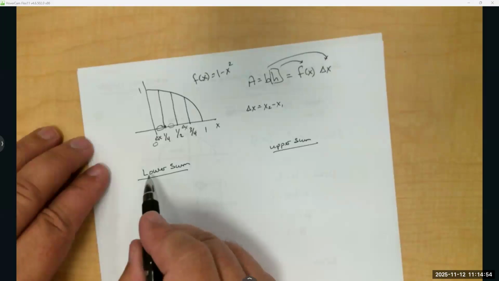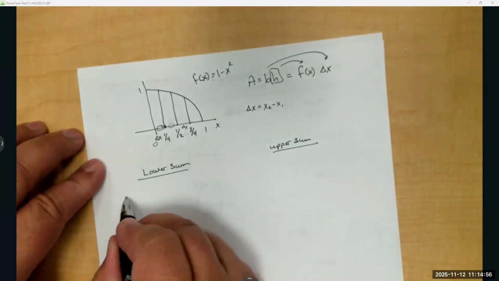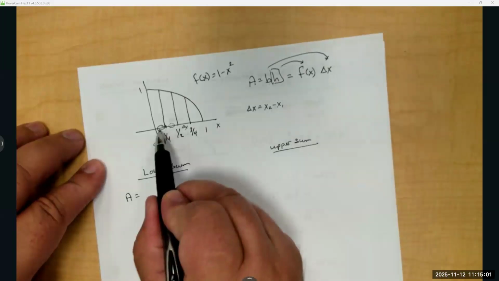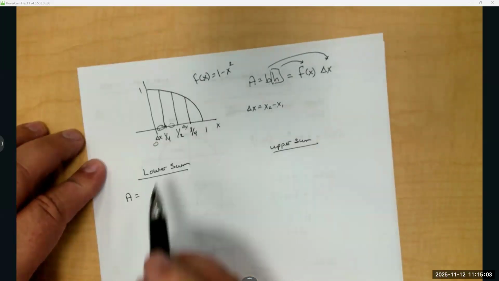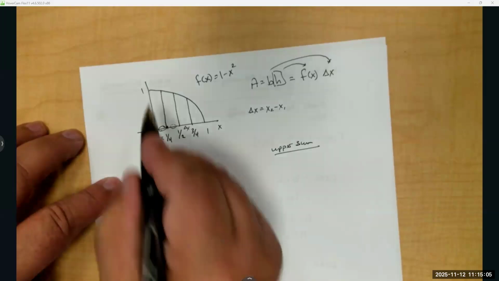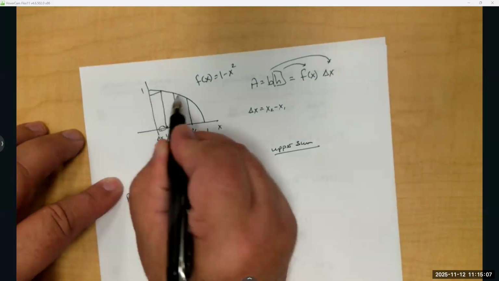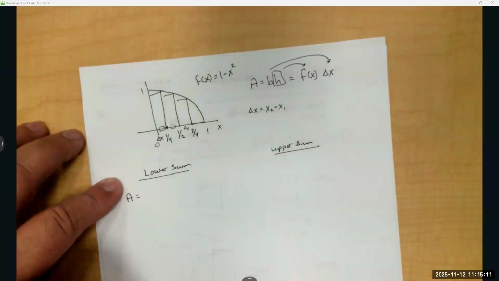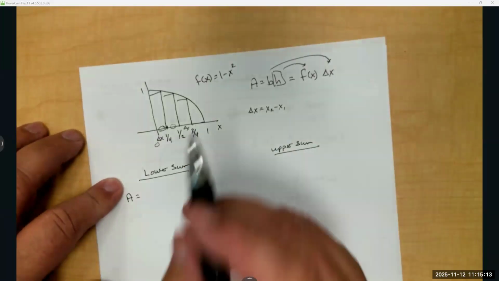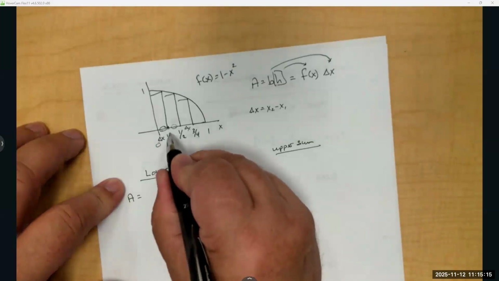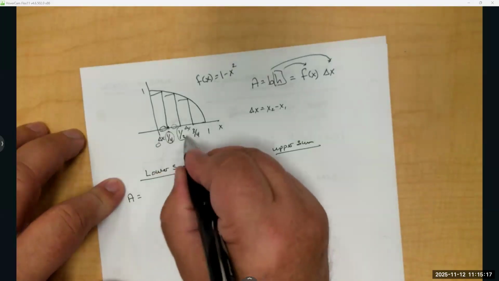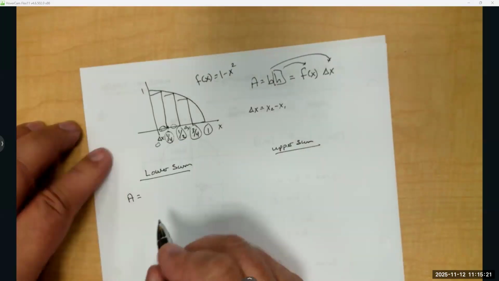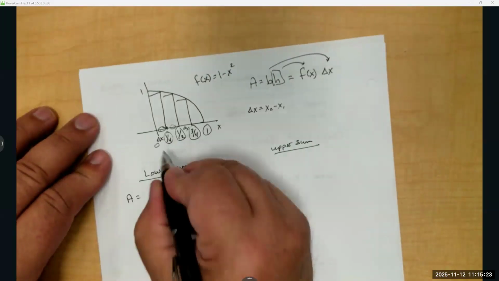All right, in this one, for the area of my first part, I'm going to have 4 areas. I'm using the lower sum in this one, which means I have to use the numbers on the right-hand side. So I'm taking the numbers x equals 1/4, 1/2, 3/4, and 1. These are my x's.